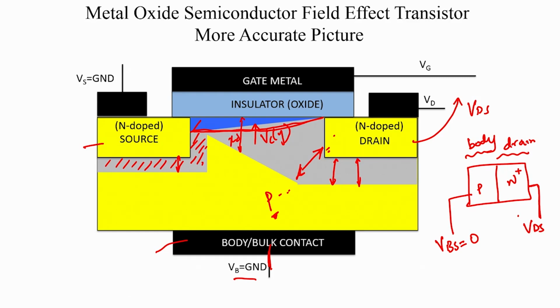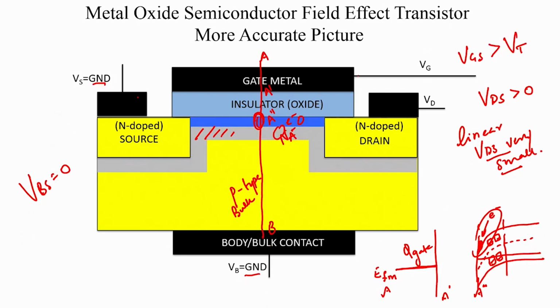So, if you recollect our models, we always said that Qn, which is the number of electrons at the interface per unit area, was equal to your Cox into VGS minus VT minus the channel potential, and we used this picture to arrive at that equation, right, because here the depletion layer is not varying too much because our VDS is very small.